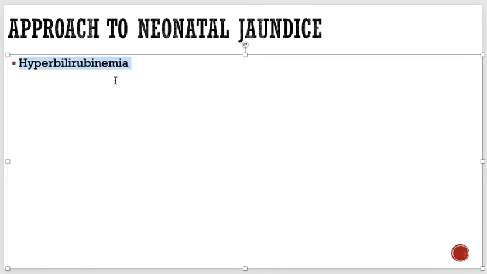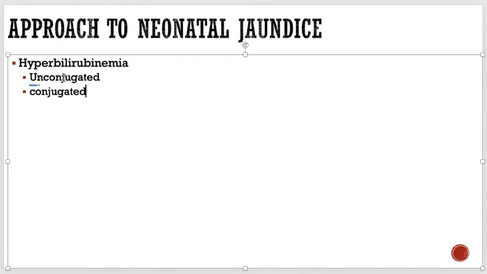Okay, what is hyperbilirubinemia? It is when the level of bilirubin is raised in the blood. Whenever hyperbilirubinemia is there, we see whether the raised level is of unconjugated bilirubin or conjugated bilirubin.